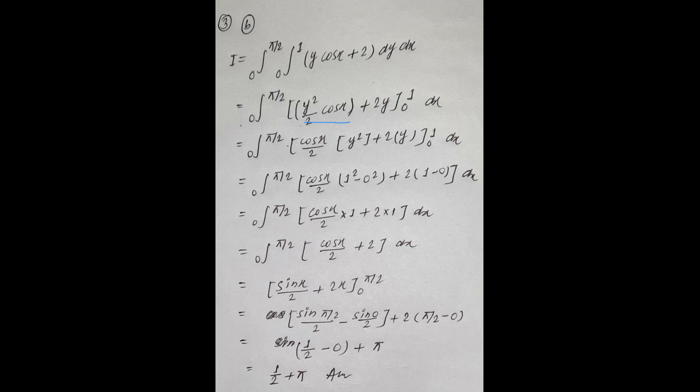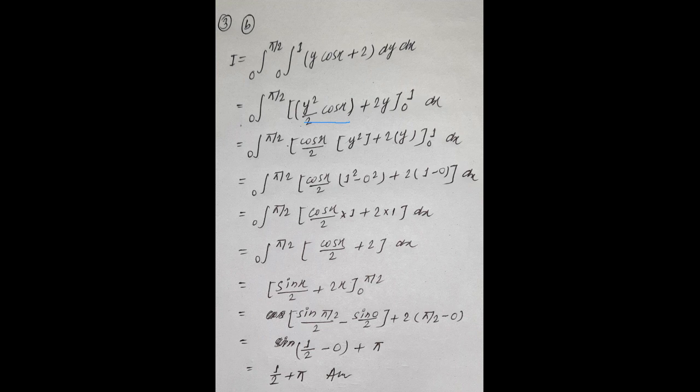Same here, I isolated the y's, and then I evaluated from 0 to 1, and it came out to cos x over 2 plus 2. Then I integrated with respect to x, where it became sine x over 2 plus 2x, and evaluated from 0 to pi over 2 to get a final answer of 1/2 plus pi.